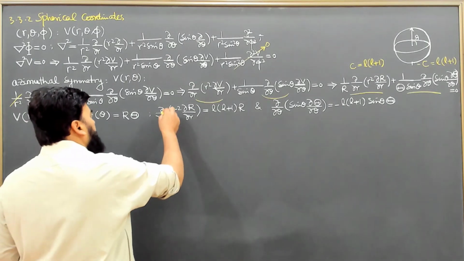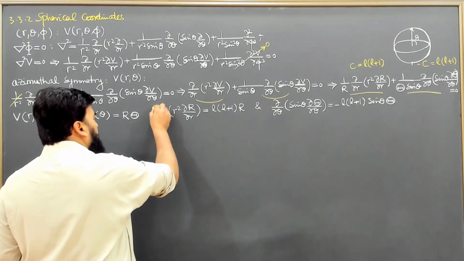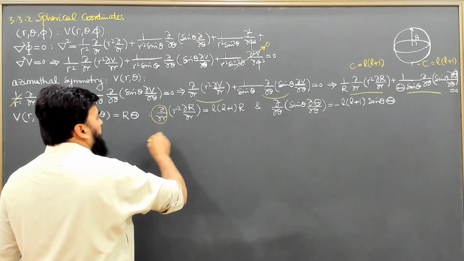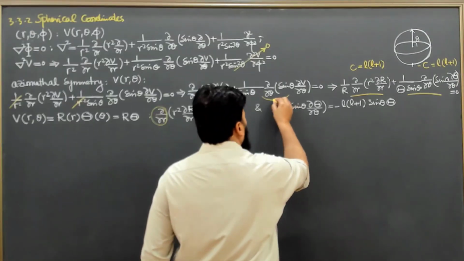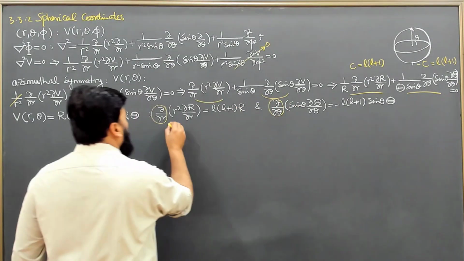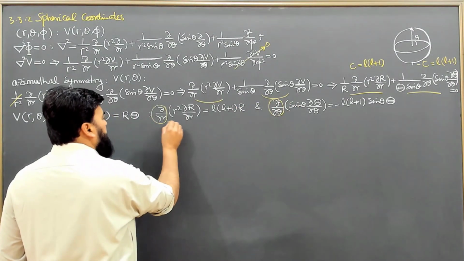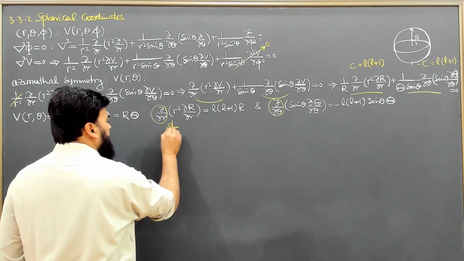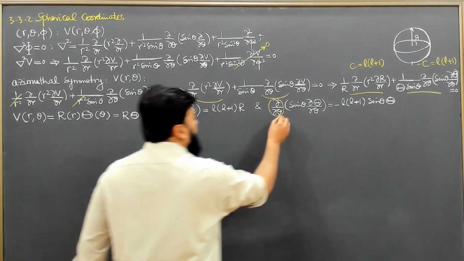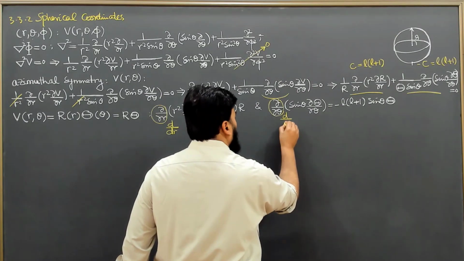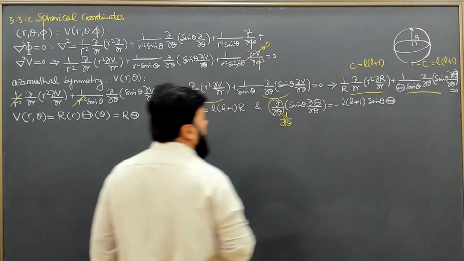So wherever we have partial over partial r or partial over partial theta, it will convert into d over dr, and here it will convert into d over d theta.